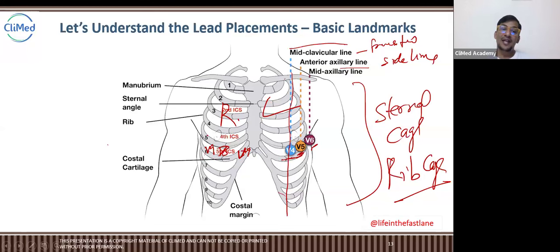I'll show you the complete thing. This is the external cage, and we can understand where we keep V3, V4, V5, and V6. Why are we showing just these here?